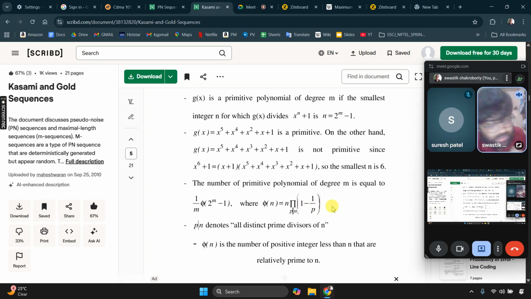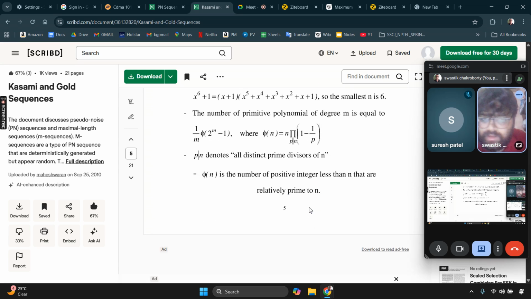And what is the p value? p ranges over all the distinct prime divisors of n, where n is 2 to the power m minus 1.